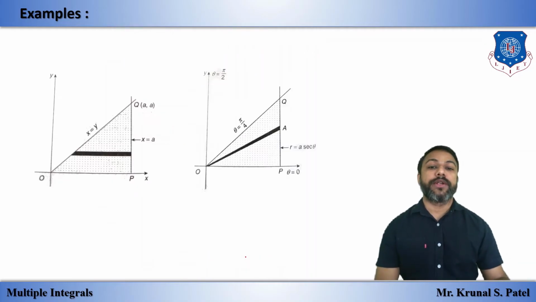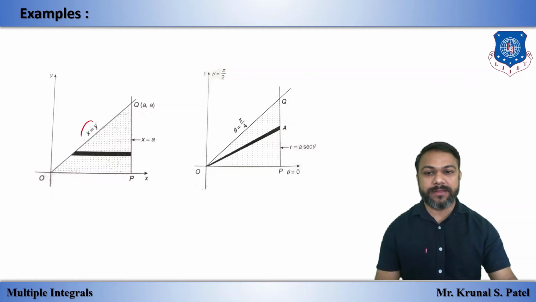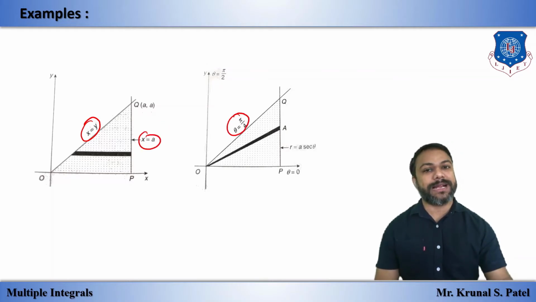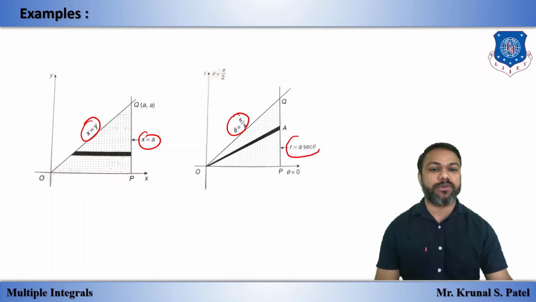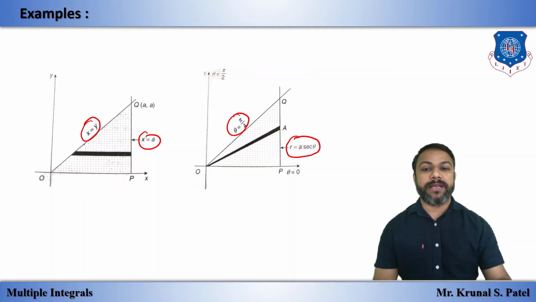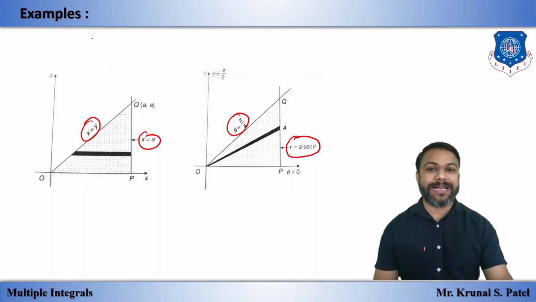Okay, so the new curves: x is equal to y in Cartesian form becomes theta is equal to pi by 4, and x is equal to a in Cartesian form becomes r is equal to a sec theta. Here the inside limit is of x, from x is equal to y to x is equal to a.